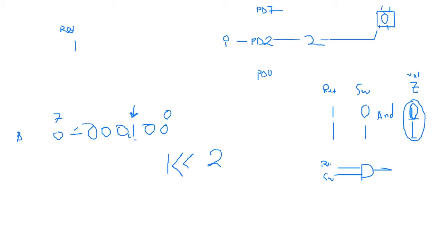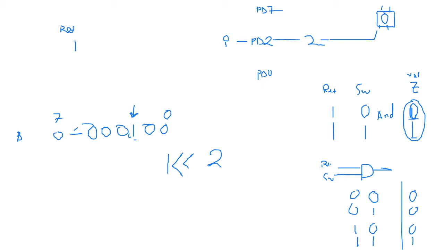If you check all the states of the switch, 0, 1, 0, 1, and for the reference 0, 0, 1, 1, the output is 0, 0, 0, unless the reference and the actual input are both 1. So this mimics an AND gate.